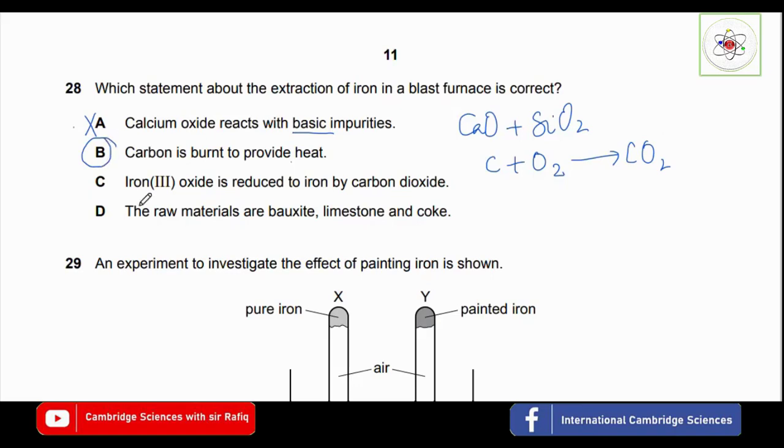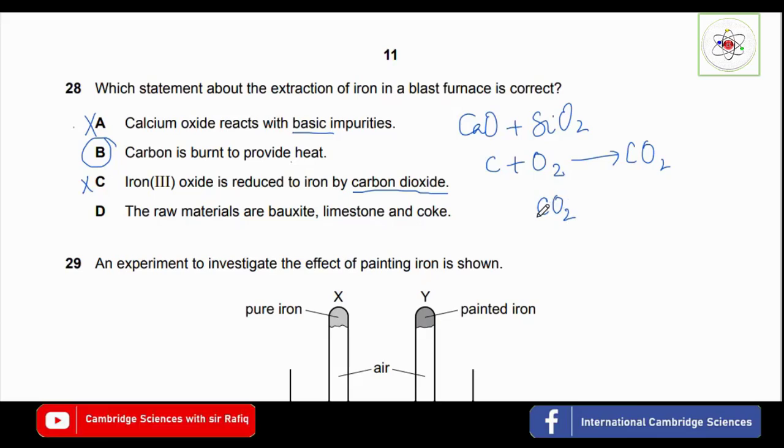Iron oxide is reduced to iron by carbon dioxide. Carbon dioxide cannot reduce because it is not a reducing agent. It already has a sufficient ratio of oxygen with carbon and cannot be oxidized further.